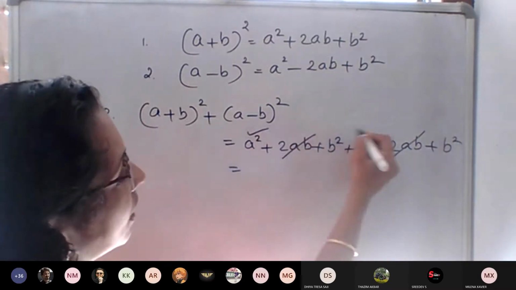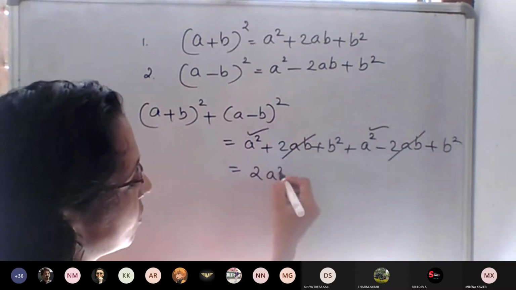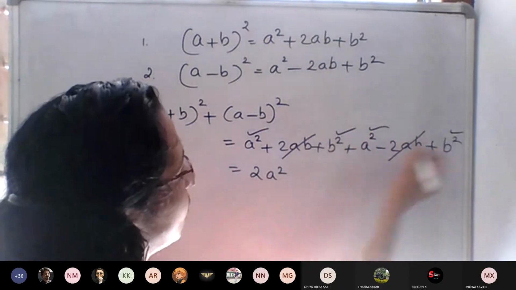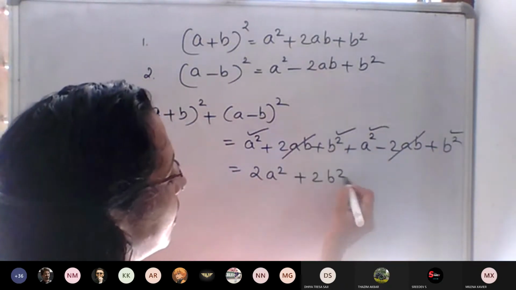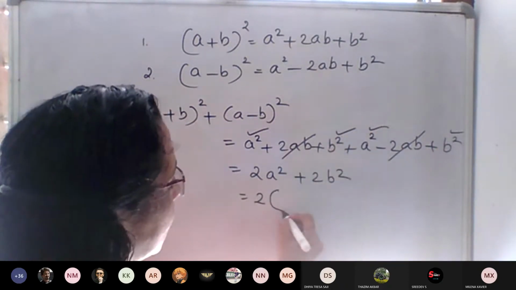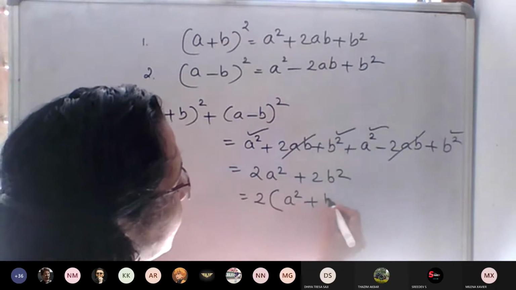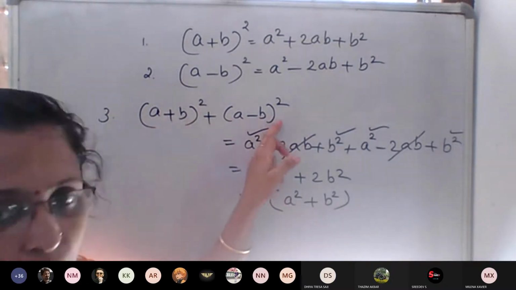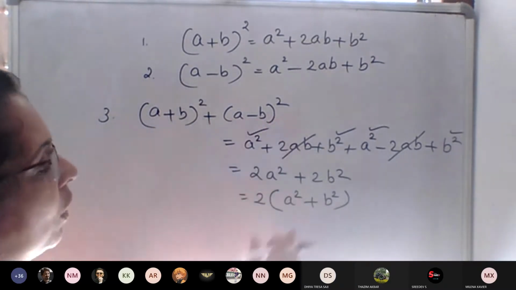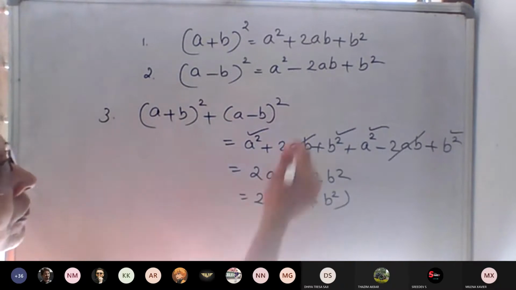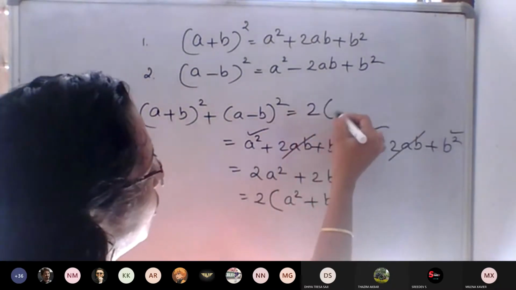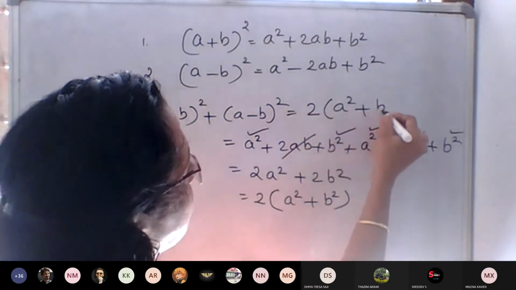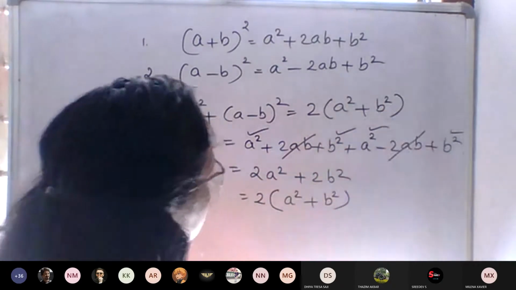So a square and a square give 2a square, and b square and b square give 2b square. If we take 2 common, the balance will be a square plus b square. So the formula for (a plus b) whole square plus (a minus b) whole square is 2 into (a square plus b square). This is the third formula.